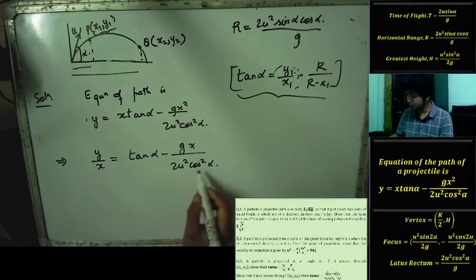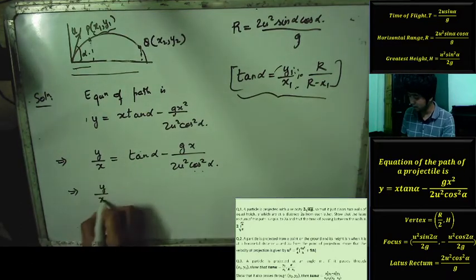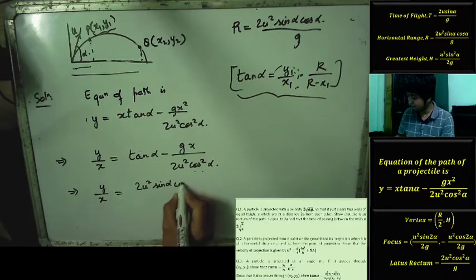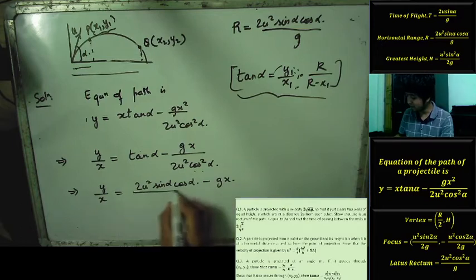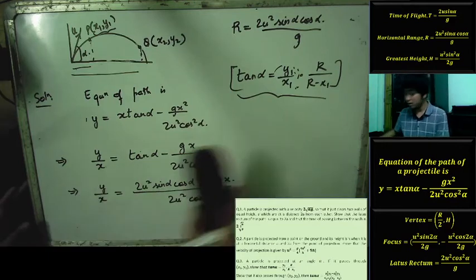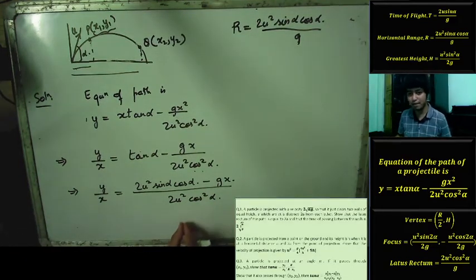Now just simplify it. We have 2u square sine alpha cos alpha minus gx upon 2u square cos square alpha. So this is what we are having. But we need to bring R into this equation. So what can we do?